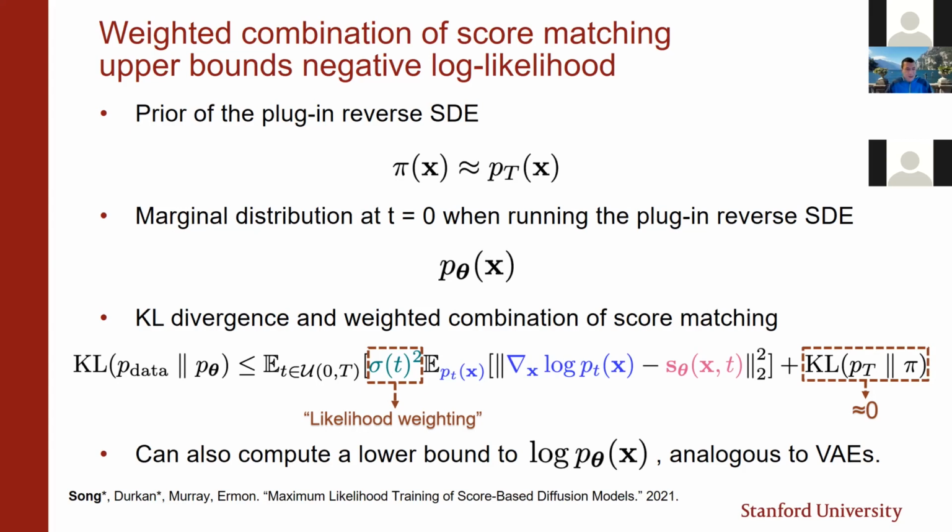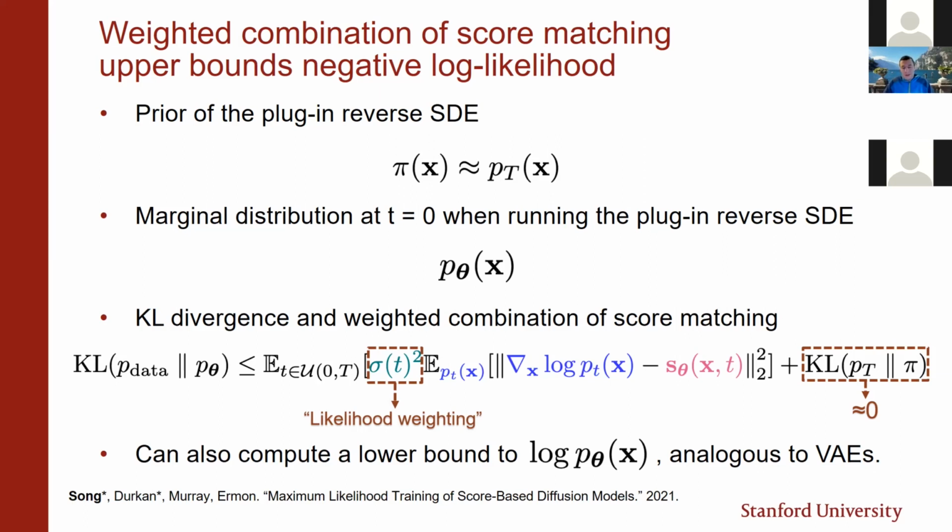And there is a way to choose the weightings in this mixture of score matching objectives so that optimizing it is the same as optimizing an evidence lower bound in a variational autoencoder.